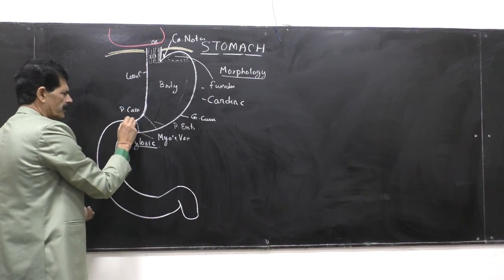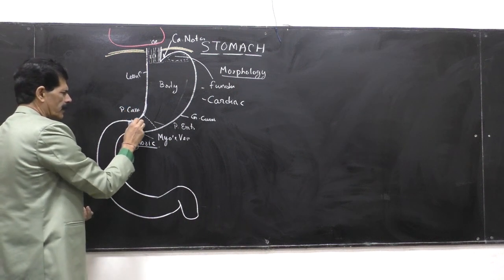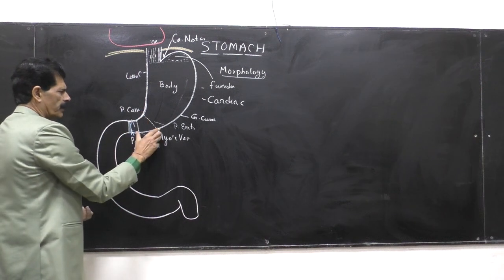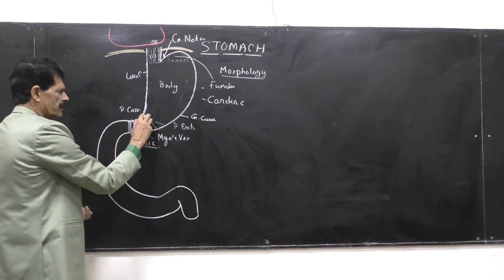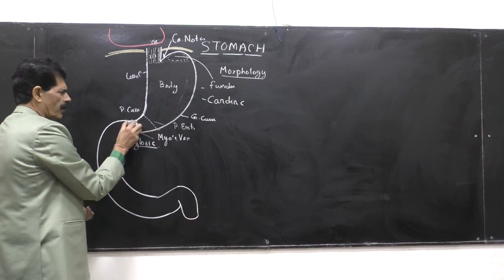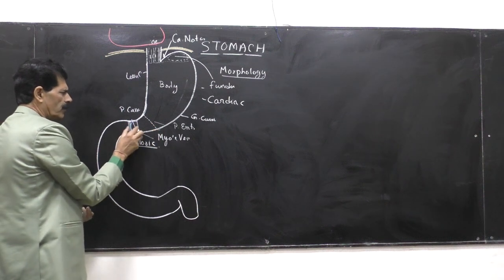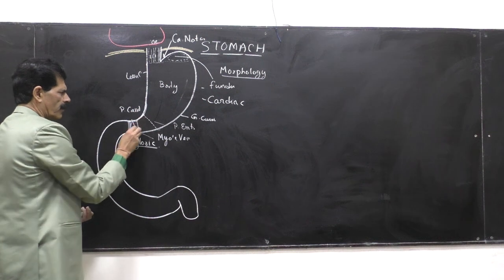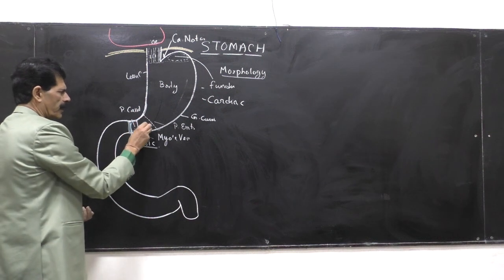The pyloric antrum is unequal: it is small here and large here. But in the pyloric canal, both walls are of the same width, so we use the word pyloric canal for this. This is the pyloric antrum.